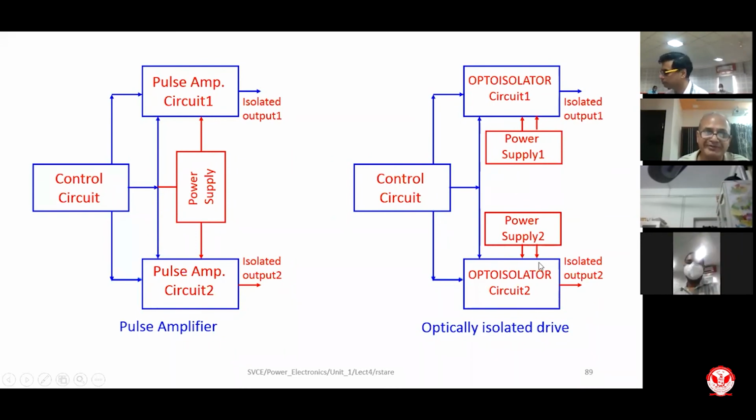So if I have 6 such gate drivers, then I will require 6 regulated DC power supplies. So wider pulses can be transmitted. Very good rise times and fall times can be obtained, and it is quite economic. But the additional requirement of the power supply, one power supply per isolator, makes the overall driver very complicated.